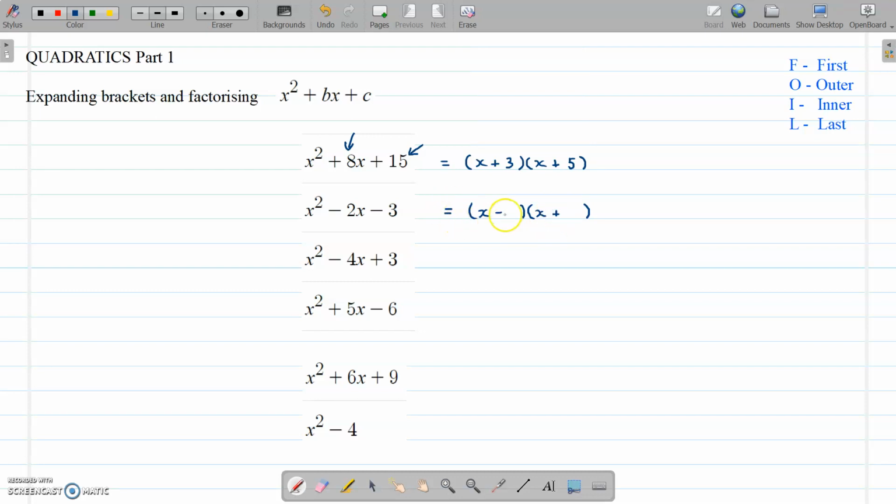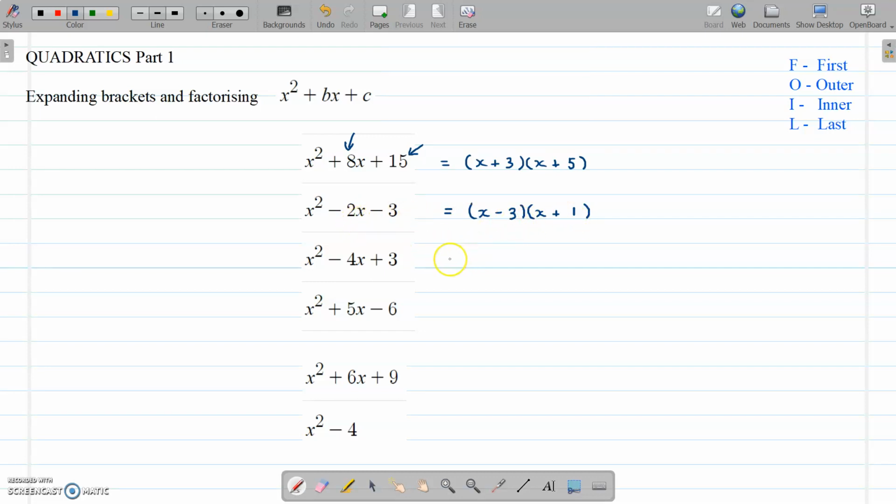Now, it's either going to be +3 times -1, or it's going to be -3 times +1. Well, in order to add up to -2, we'll need -3 and +1. Okay?